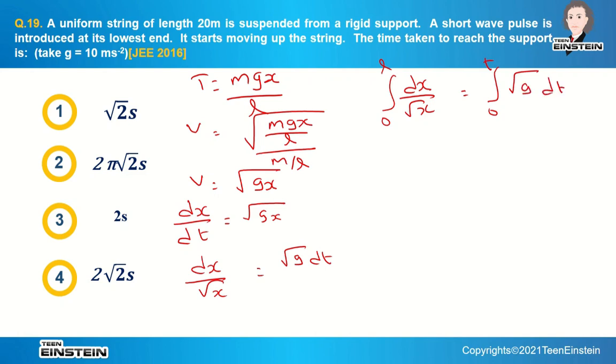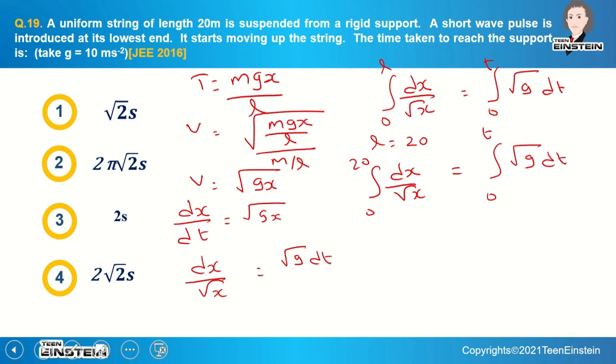Okay, so here L is 20. So you can take it as 0 to 20 dx by root x equal to 0 to t root of g dt. If you integrate this, you will be getting 2 root of x from 0 to 20 equal to root of 10 into t, because g you are taking as 10.